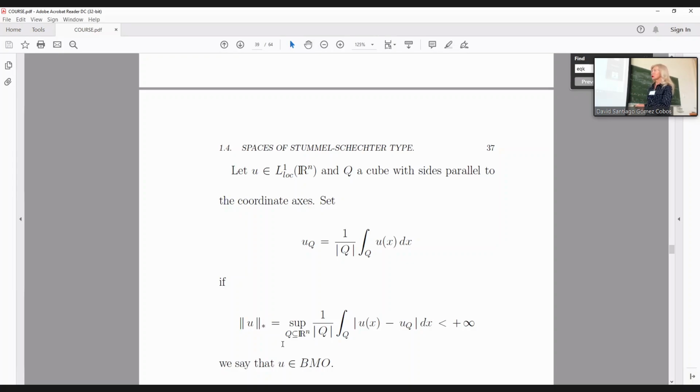If this quantity is finite, u is in BMO, or has bounded mean oscillation.